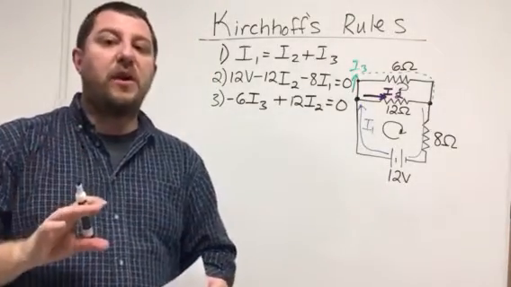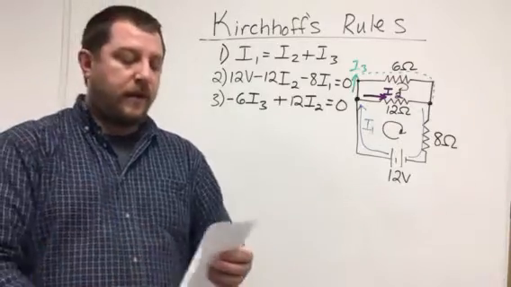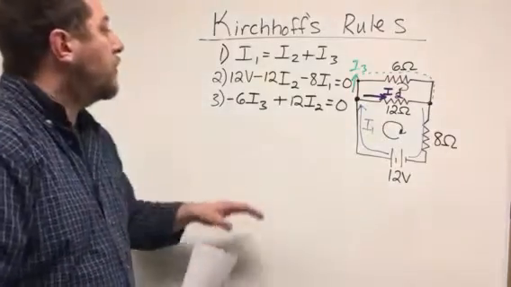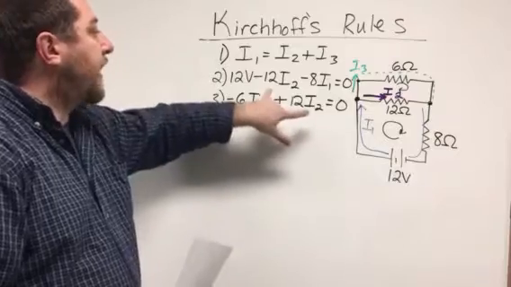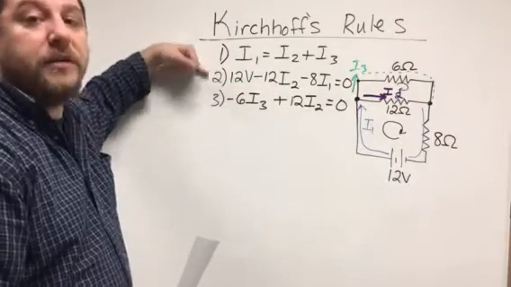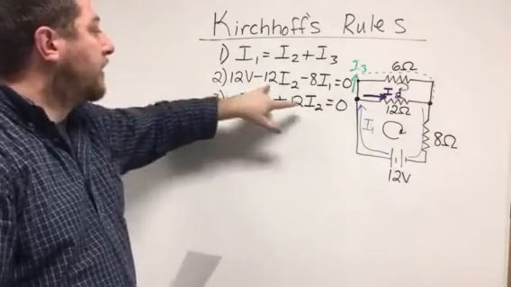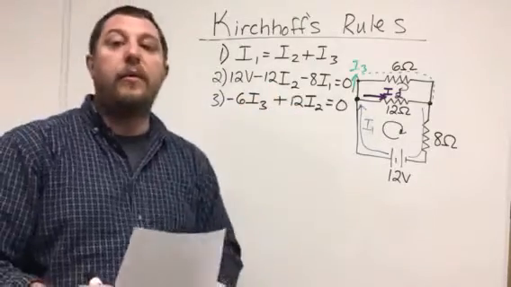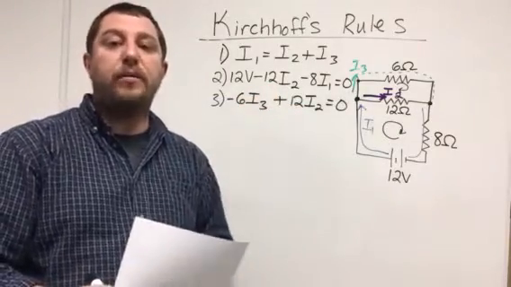And how do I solve a system of 3 equations? Well, one thing that you'll notice is that in my bottom 2 equations, I have I2 in both of those. So I2 may be a good place to start.